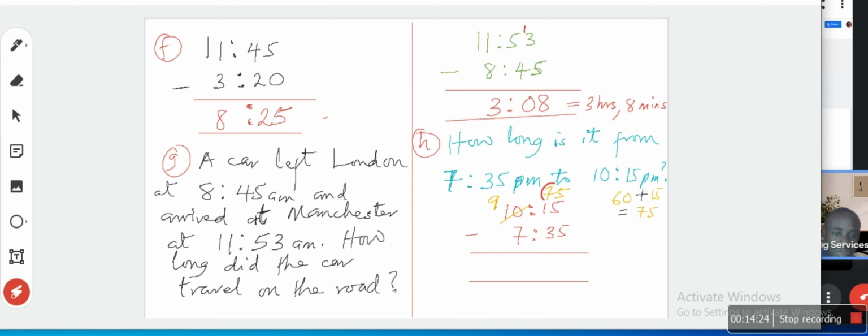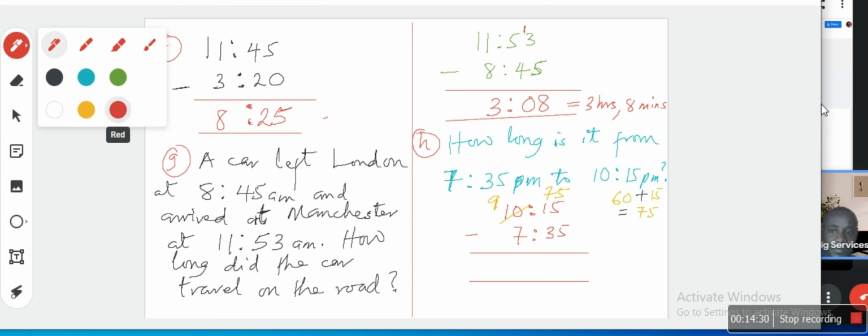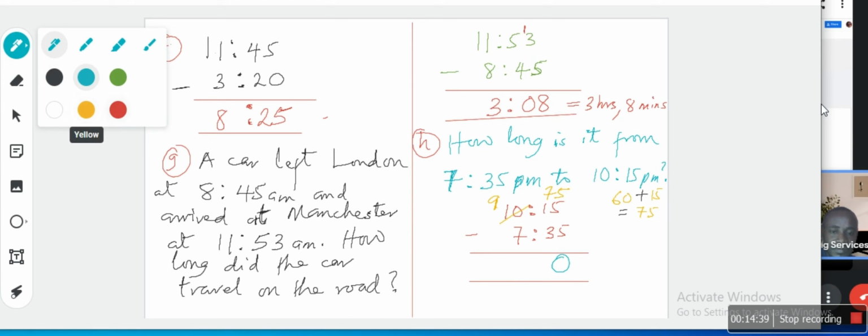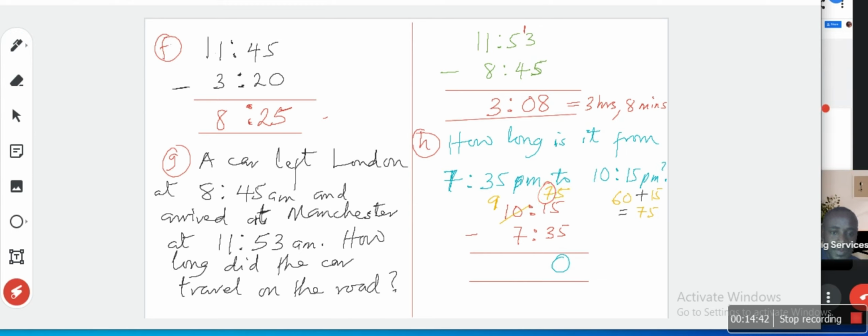So we are doing 75 minus 35. 5 minus 5 will give us 0. 7 minus 3 will give us 4. What is left here after you took away 1 is 9. 9 minus 7 will actually give you 2. So you have 2 left. So the answer is 2 hours 40 minutes.